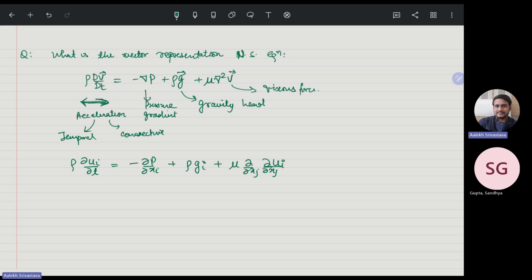So it is written in this form. This is the index notation where i varies from 1 to 3 and j also varies from 1 to 3. So this is the expression.